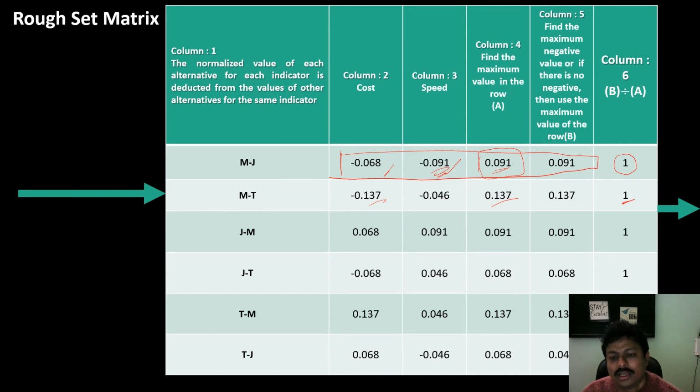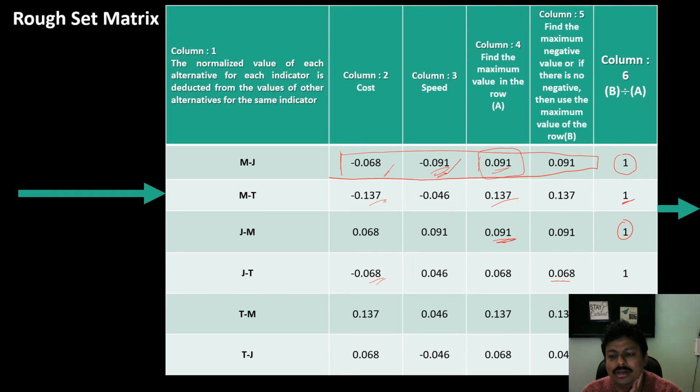Okay. Then comes this one. Here there is no negative value. So which one will be your highest value? Here I can see 0.091 is the highest value. Here only one value is there, no negatives are there, so it will become 1. After that you go for this. Here also the maximum value within all the values is 0.068, and within the negatives there is only one negative, so this one will be the maximum value.